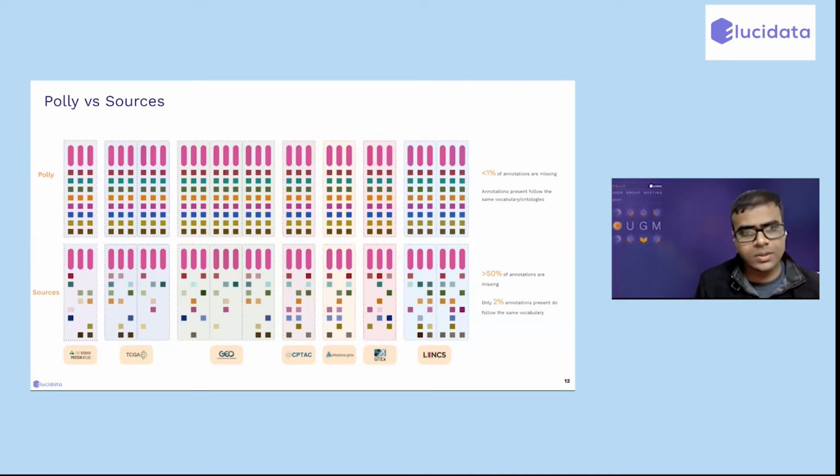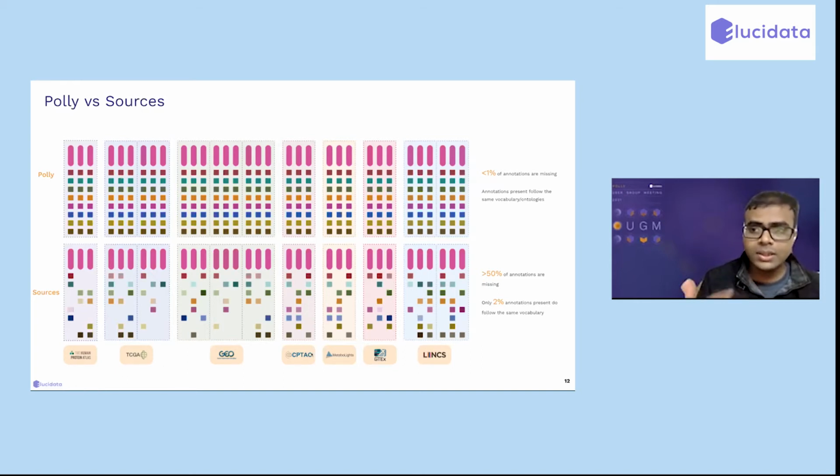Just to summarize, less than 1% of annotations are missing on Poly, as compared to more than 50% elsewhere, and only around 2% of annotations elsewhere follow the same vocabulary, while all the annotations on Poly follow the same vocabulary. And one special thing about Poly is that it is a centralized location for different sources of data, be it TCGA, GEO, or CPTAC.